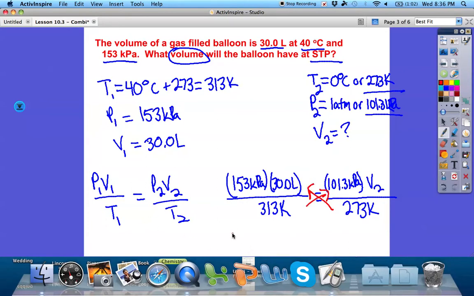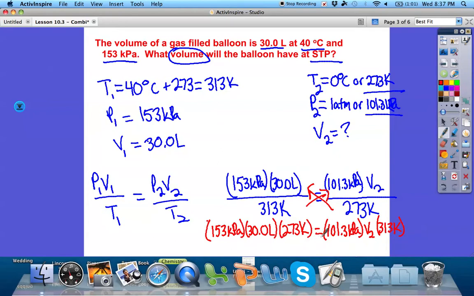So we're going to have 153 kilopascals times 30 liters times 273 Kelvin equal to 101.3 kilopascals times V2 times 313 Kelvin.